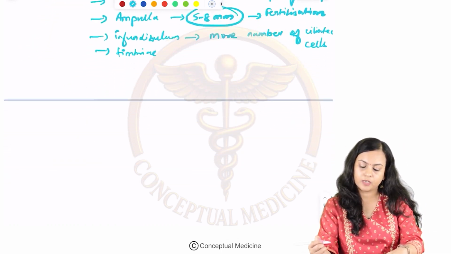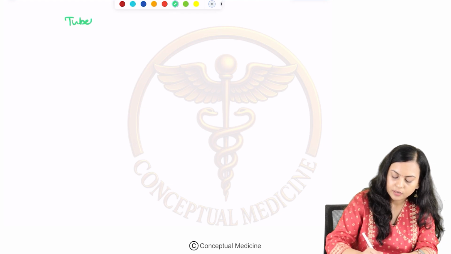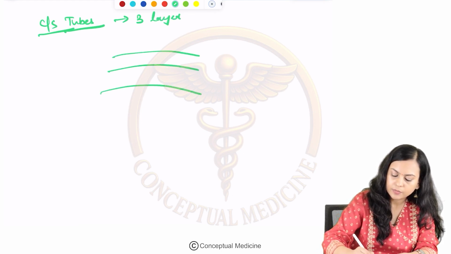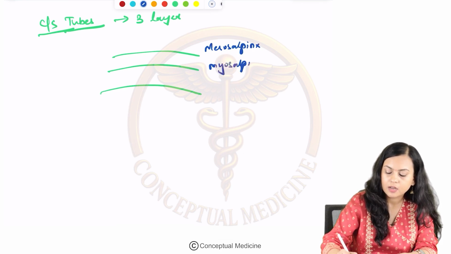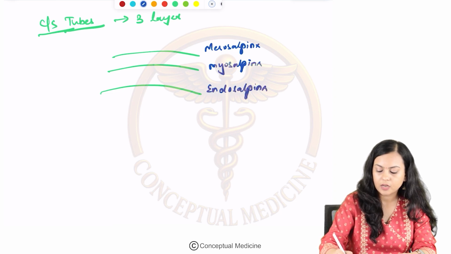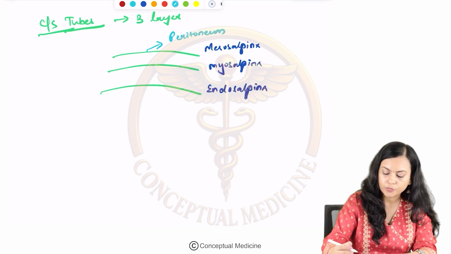Okay. Now, if we see a cross section of the tubes, we have 3 layers. One is the mesosalpinx, another one is the myosalpinx, and another one is the endosalpinx. Mesosalpinx is nothing but the peritoneal coverage present surrounding the tubes.